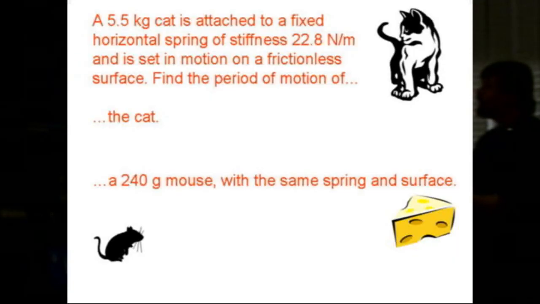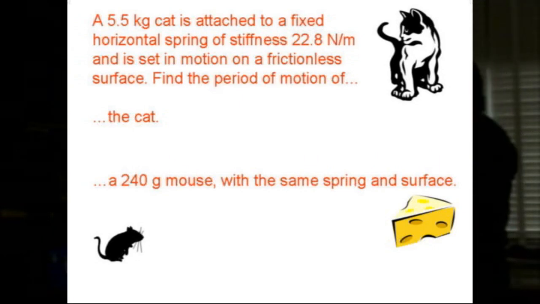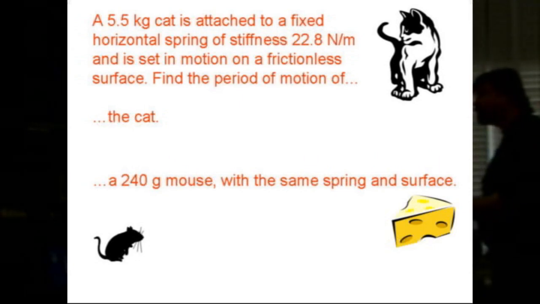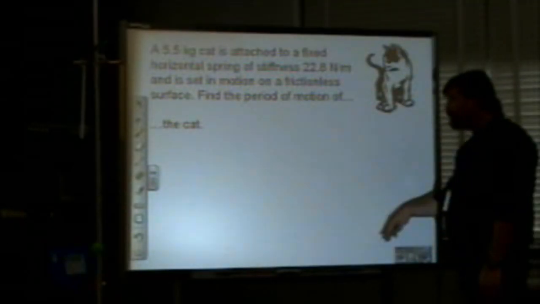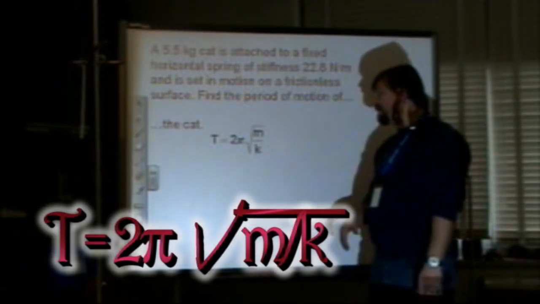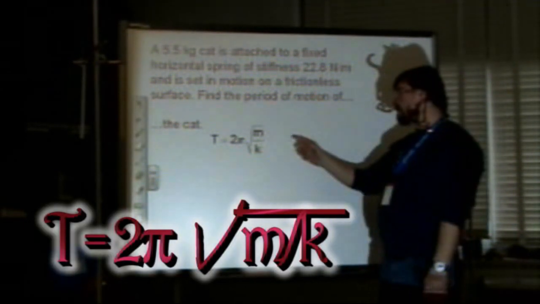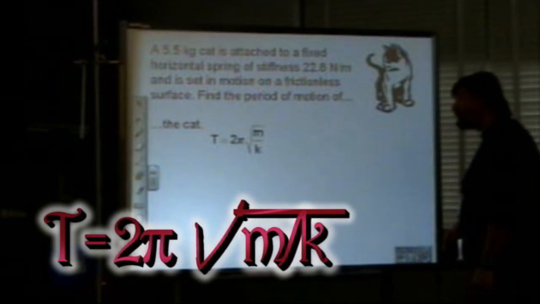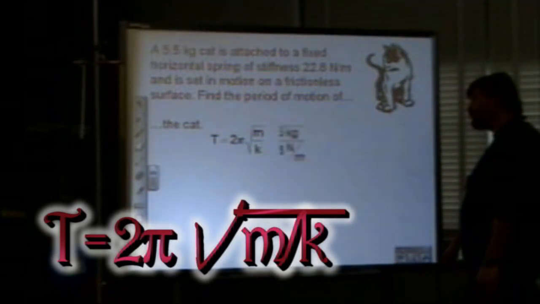A 5.5 kilogram cat is attached to a fixed horizontal spring of stiffness 22.8 newtons per meter and is set in motion on a frictionless surface. Find the period of motion of the cat. So we use our equation that the time period is equal to 2 times pi square root of the mass of the cat over the spring constant of the spring.